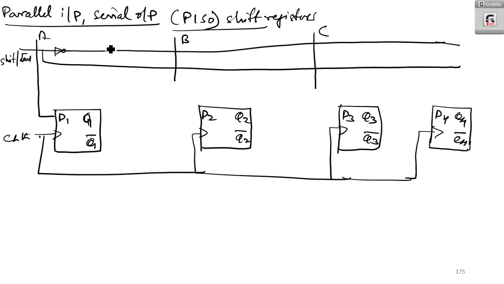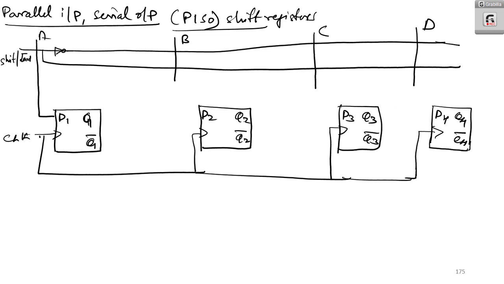Two possibilities are there. Here, if I am feeding in D, here also there are two possibilities. Q3 needs to be transferred to D4 in serial output, and in parallel input, D needs to be fed into D4.